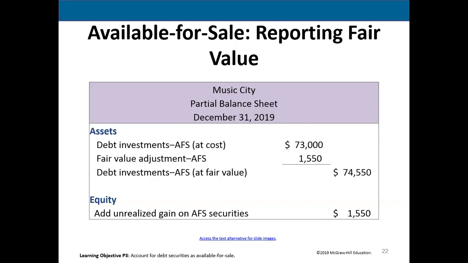And that's the major reporting difference between the trading category and the available for sale, where the unrealized gain or loss from the increase or decrease in market value will be reported. This is how we handle debt investment.